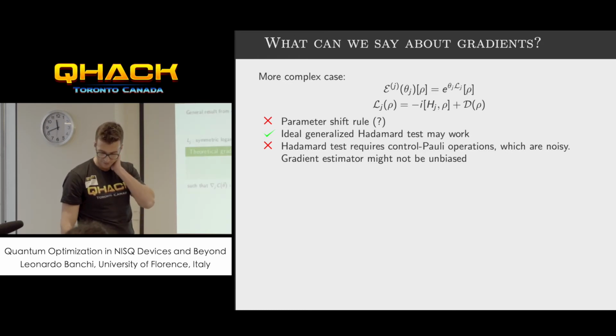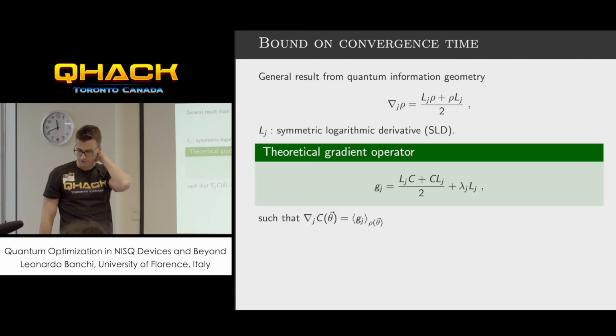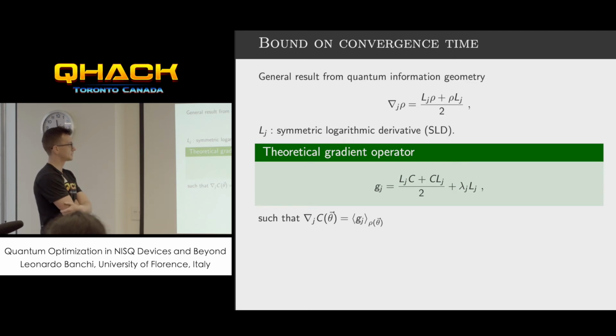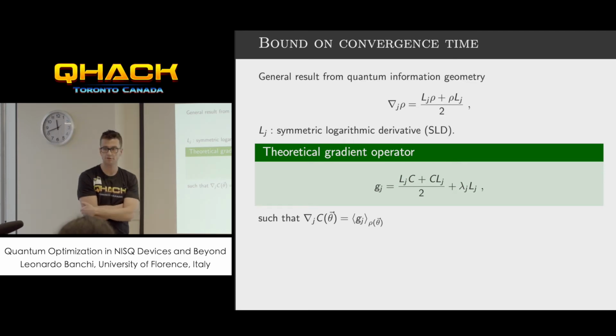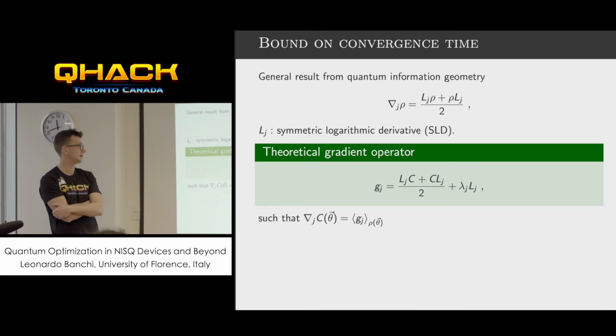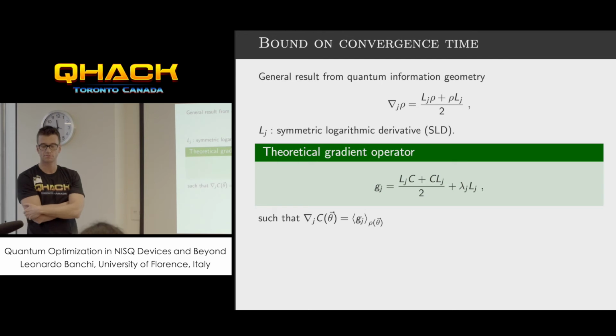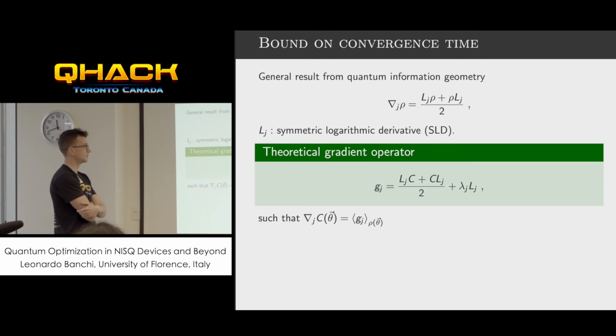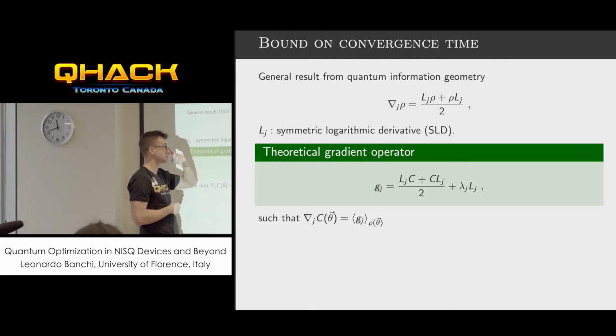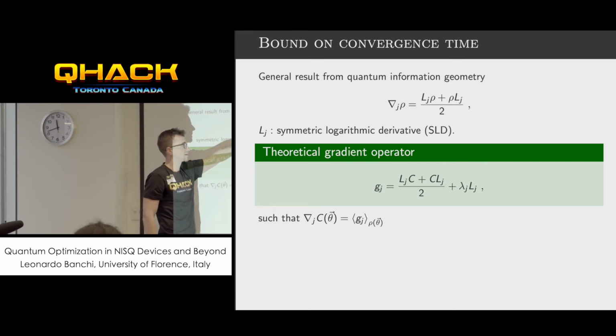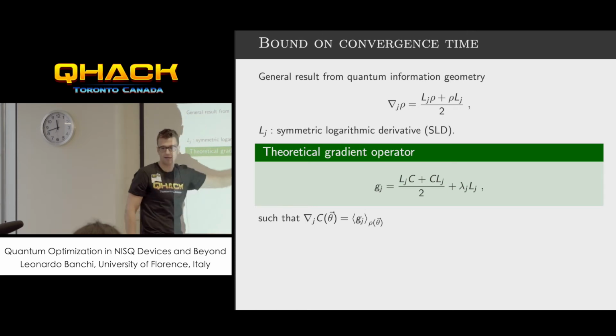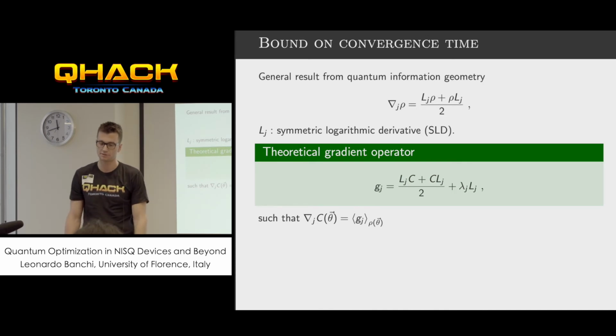So what can we do then? We wanted to study the convergence time, and there is something that we can always write. Even though we don't know how to formally estimate the gradient, we can always use tools from quantum information geometry, which tells you that, because of the properties of quantum states, when you take a derivative of a state, you can always write it in this form, where L is called the symmetric logarithmic derivative.